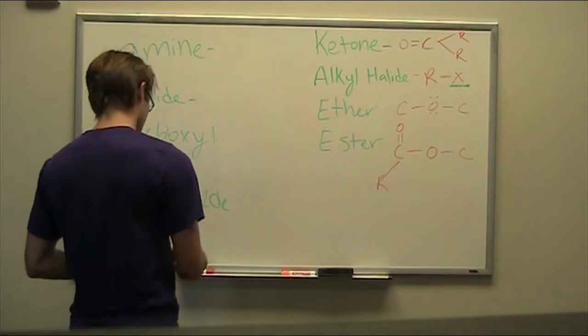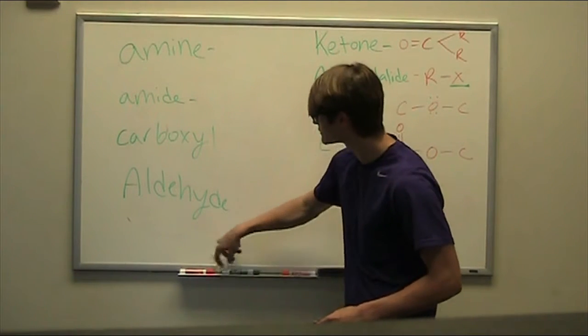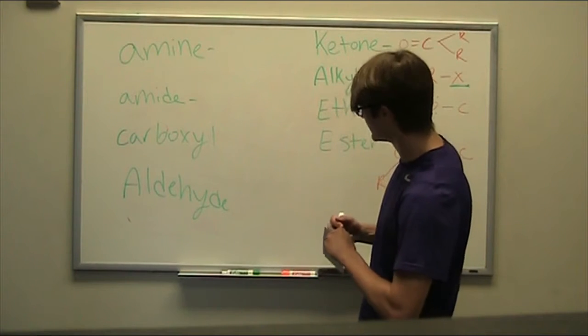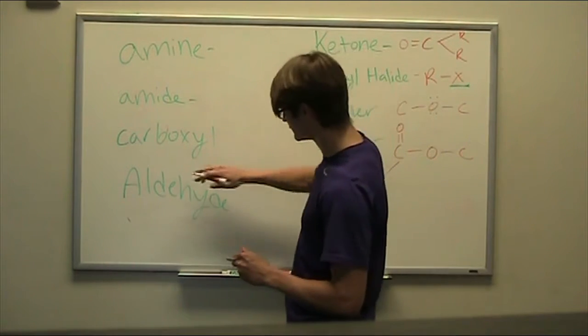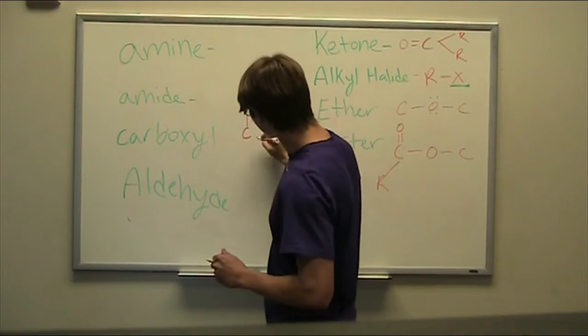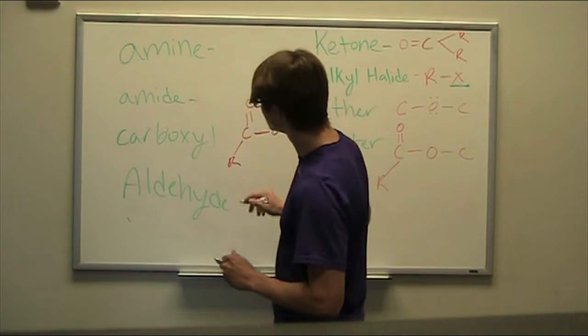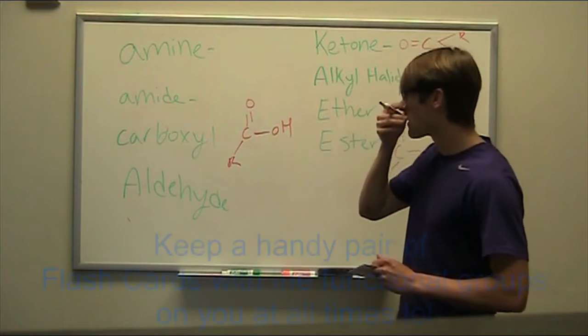So we're going to start with the carboxyl. Carboxyl is a carbonyl, as you would think, because of the name. So it's a carbonyl with an alcohol and an R group attached. So that's a carboxyl.